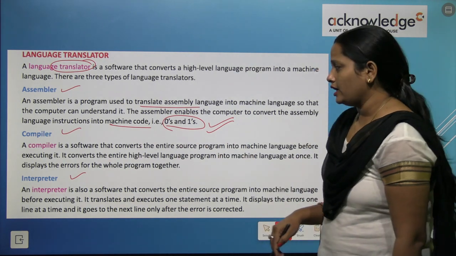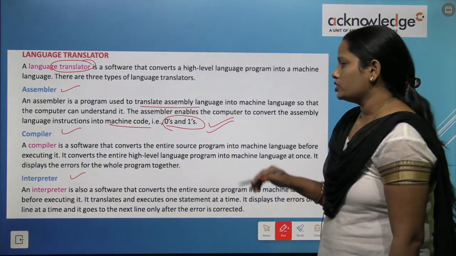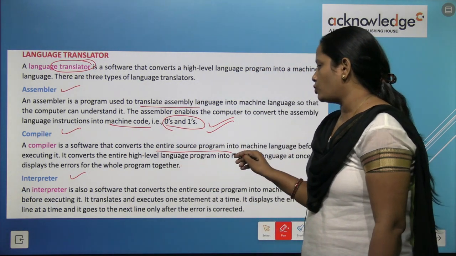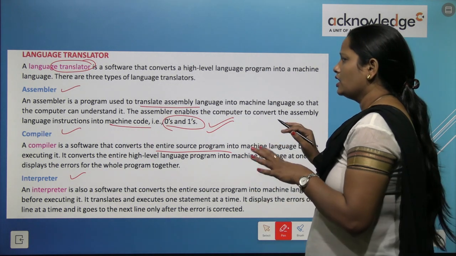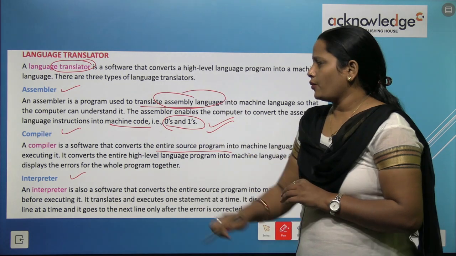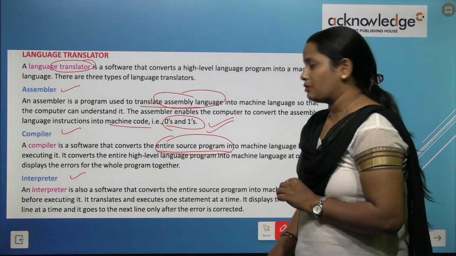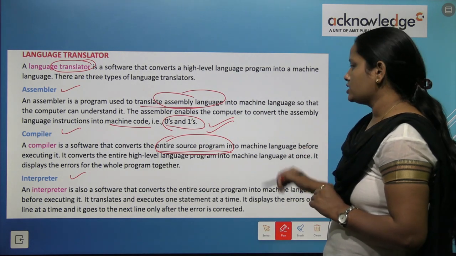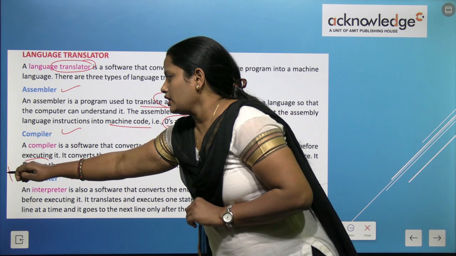Next comes the compiler. What is the use of a compiler? A compiler is software that converts the entire source program into machine language before executing or running it.